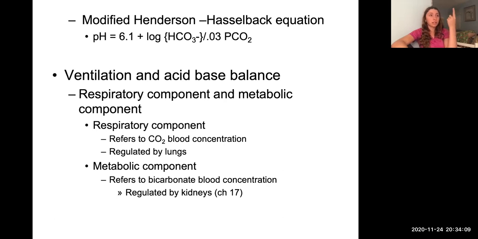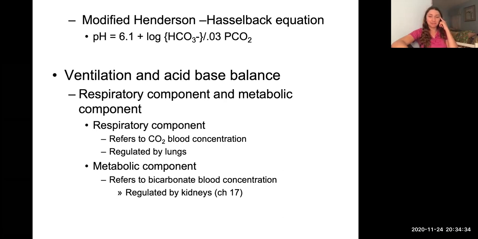Okay, so in terms of respiratory alkalosis, it would try to get rid of the bicarb because the blood is too basic. Not acid, basic. All right, see how I'm going crazy?